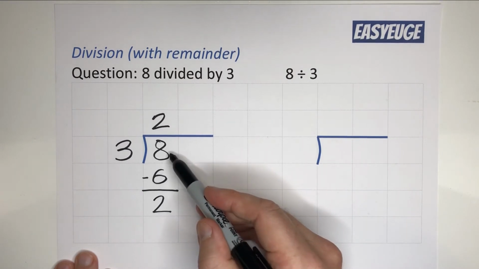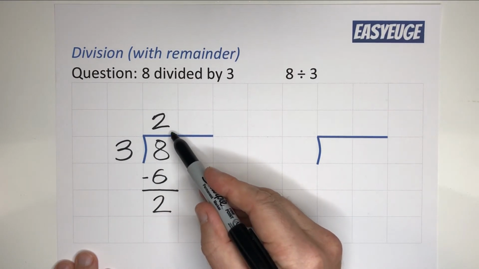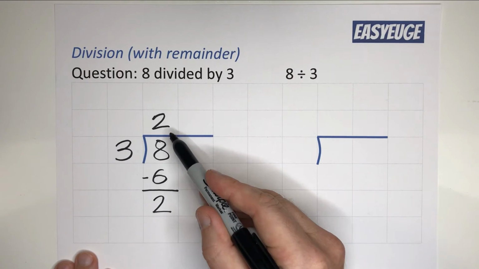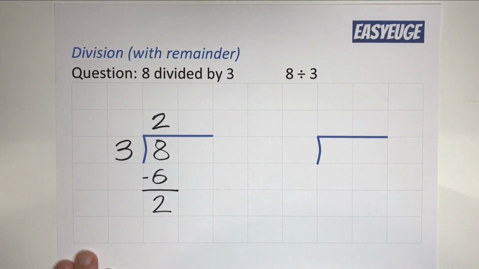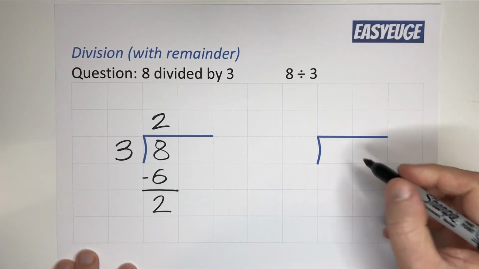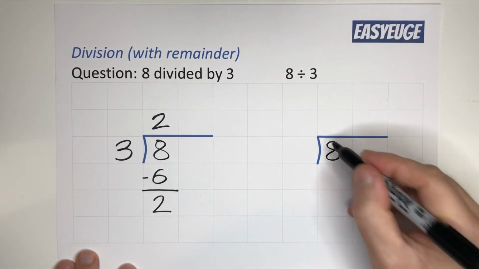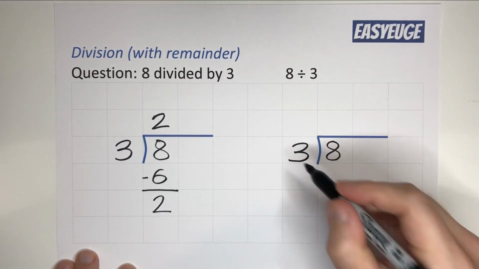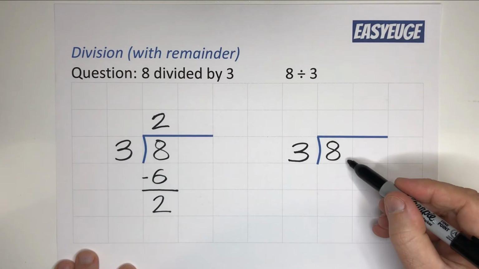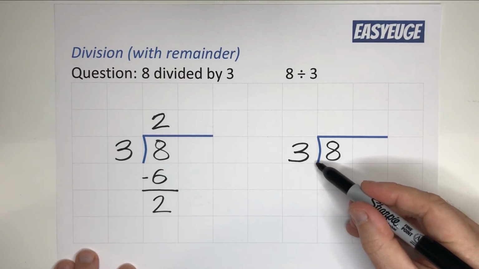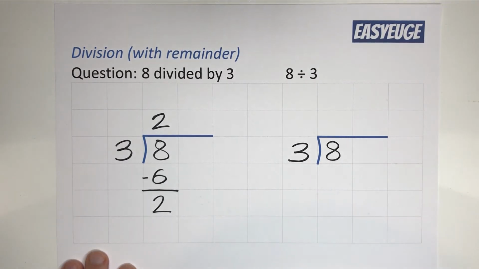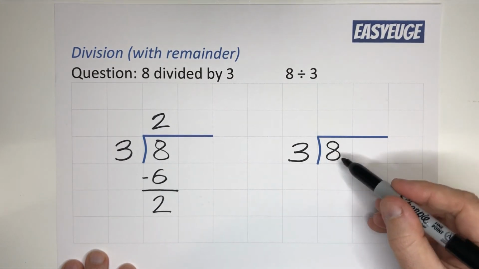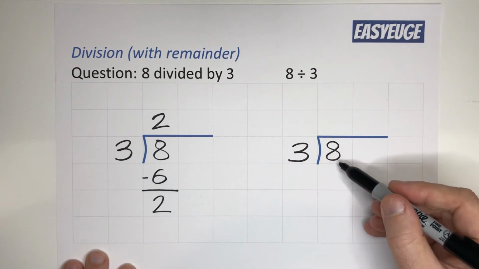So 8 divided between 3 people. Each person got 2 blocks of Lego, but there were 2 blocks of Lego remaining. Let's write that down a slightly different way. Let's take the number 8, and we will divide it by 3. So this is your 8 blocks of Lego divided by 3 people. How many will each person get? So 3 into 8, how many times can you put the number 3 into 8?